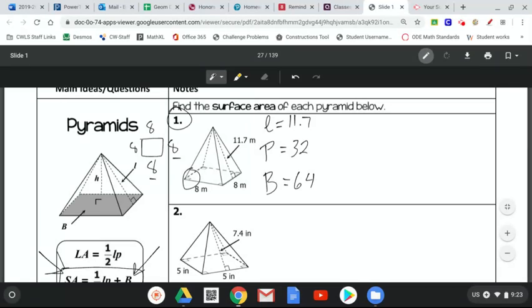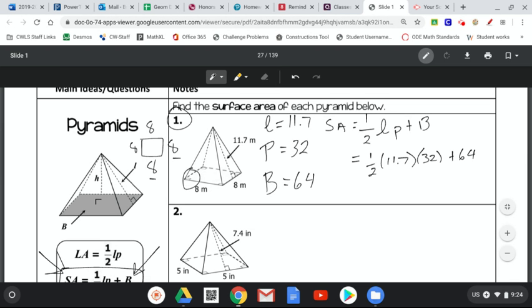All right, so plug in everything in our formula. Surface area equals 1/2 LP plus B. Just substituting in the information that we know, 1/2, and then L is 11.7, P is 32, and the base is 64.